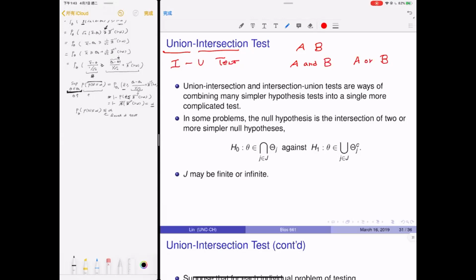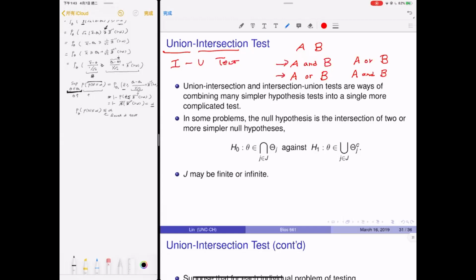Another kind of testing is this: if I say my null hypothesis is A or B correct, in order to reject my statement, you have to tell me A and B are both wrong. Making sense?